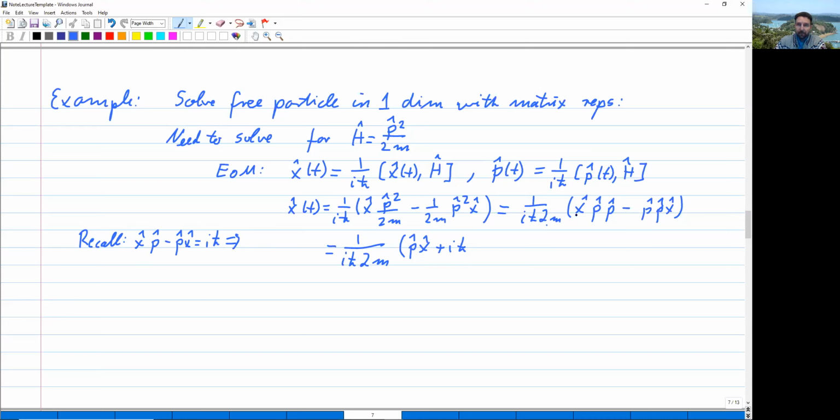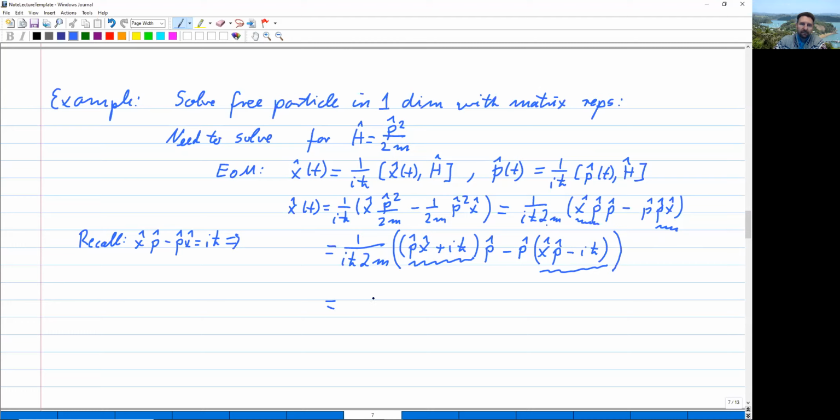So this term here is this term here, right? So we have this times p hat, minus, and then we have here p hat, and then what is p hat x hat? Well, let's look at the canonical commutation relation. p hat x hat is x hat p hat minus iħ. So it's x hat p hat minus iħ. Okay, so this term here is equal to that term here. And now we can close the big bracket.